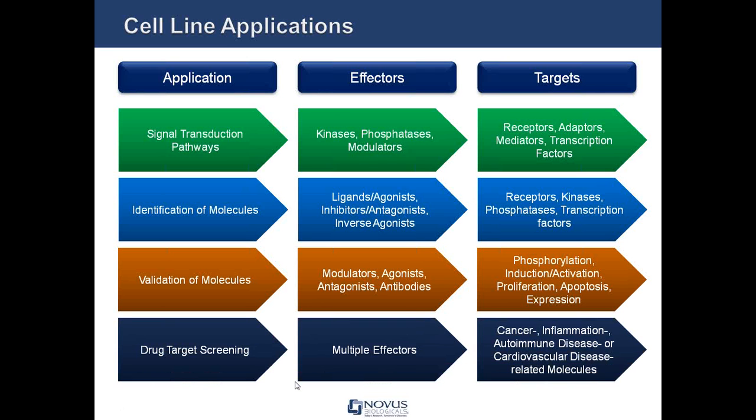You can use LUCPorter cell lines for drug target screening, and there should be multiple effectors for the targets. And it can be an agonist, antagonist, inhibitors, ligands, or inverse agonist as effectors. And for the target, we focus on major human disease, including cancer, inflammation, autoimmune disease, or cardiovascular disease. Related molecules can be targets.